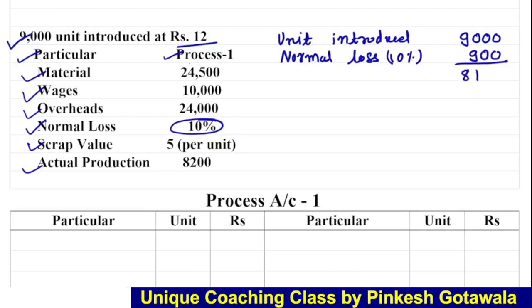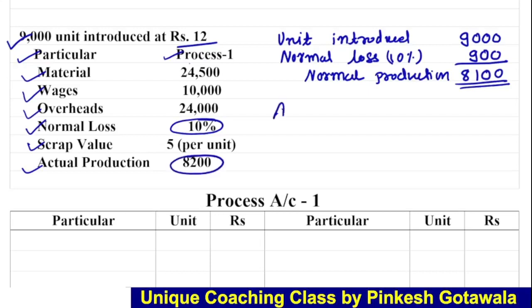So how many units will you get normally? 8,100. Normal production will be 8,100, right? 9,000 units introduced, you know that 10% will be lost, so you will get 8,100 normal production. But in the question they give actual production.